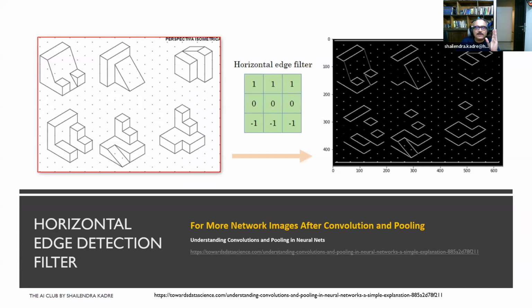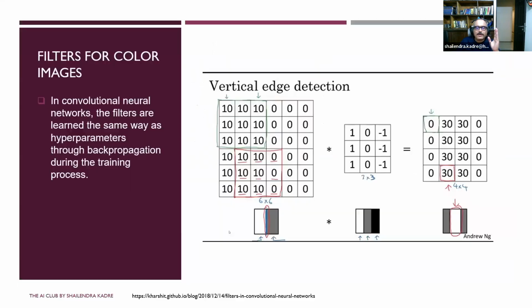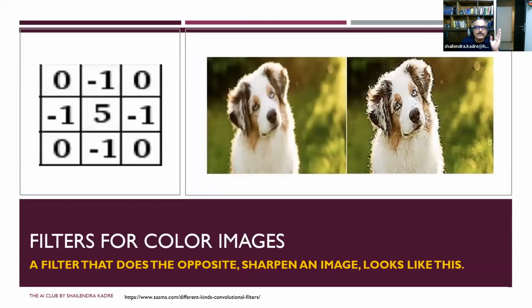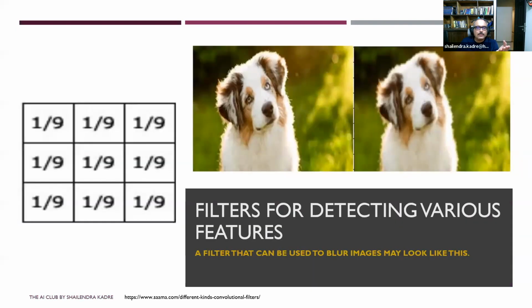There is no exam here, but from an exam point of view, if you want to see only how to detect horizontal edges and vertical edges, these are the filters you can remember. There are very complicated filters, like I showed here, to sharpen the image or to blur the image.